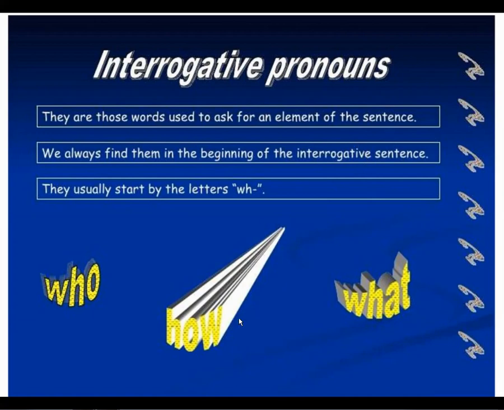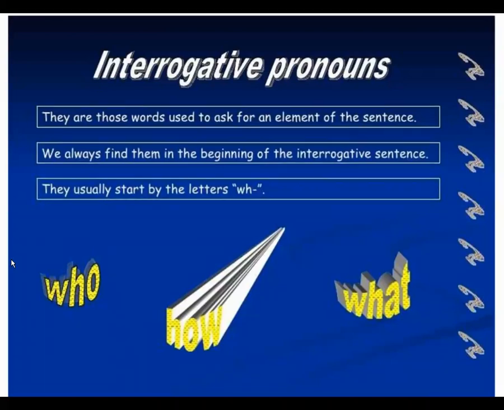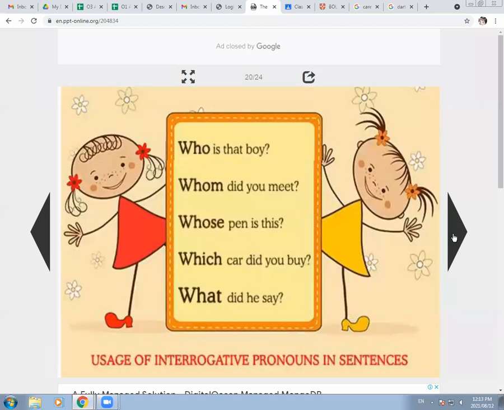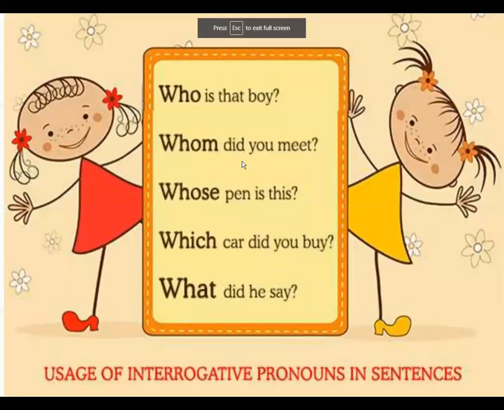We are running out of time. We are left with 5 more minutes in the class. So let's quickly move forward. Who is the new student? So here are some more examples. Who is that boy? Whom did you meet? Whose pen is this? Which car did you buy?